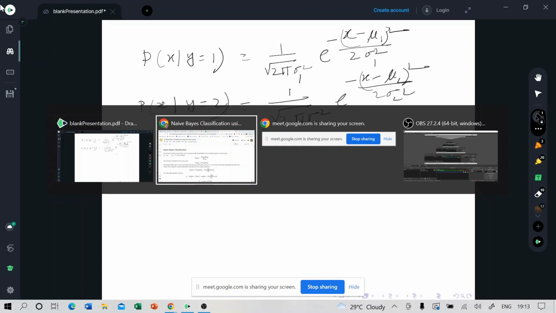In general, Naive Bayes computes these kinds of terms. There is the probability of y. Can anyone tell what this probability of y is here?